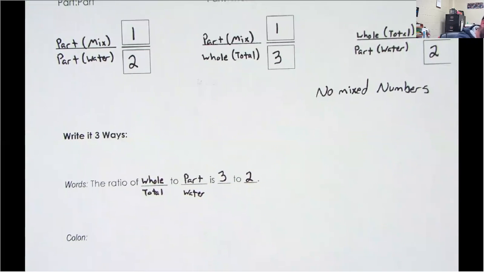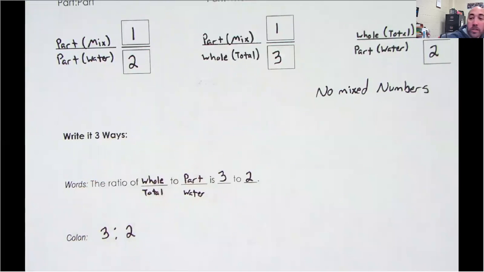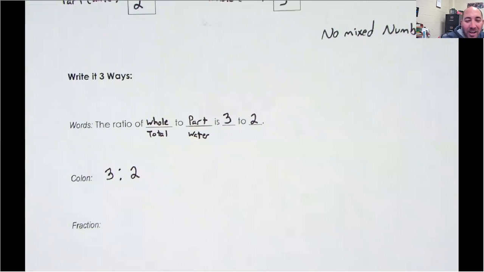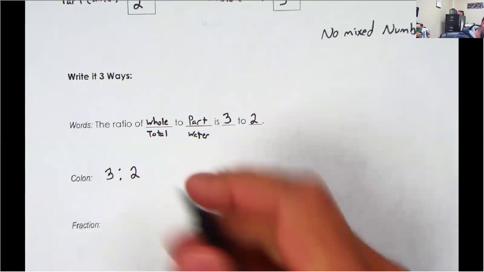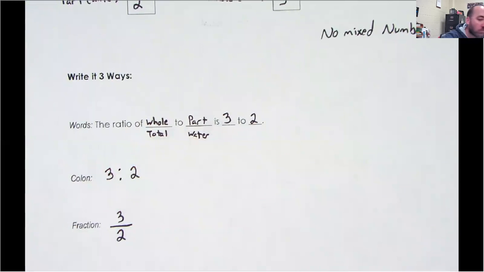How do you write that as a colon? 3:2. Ooh, what a squeak. Oh well, as a fraction, it's just 3/2. That's it.